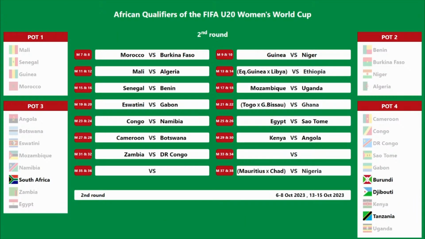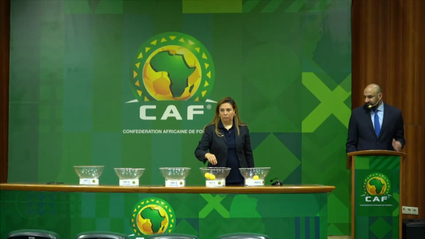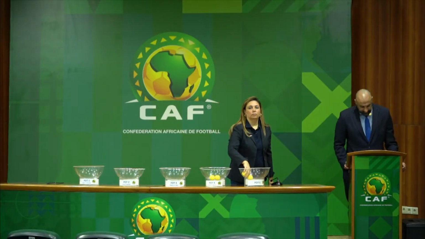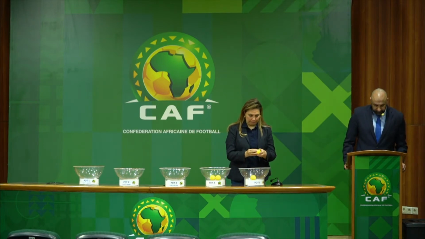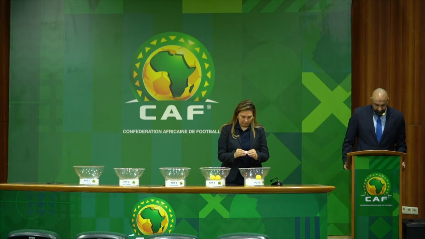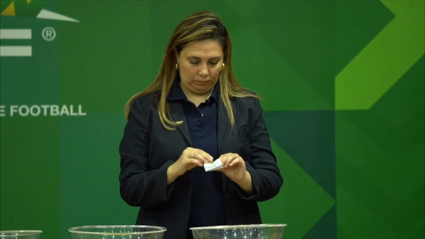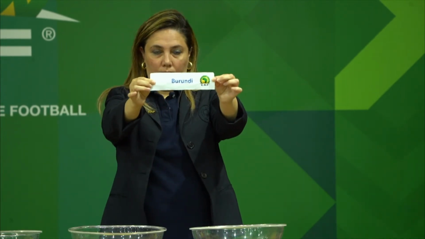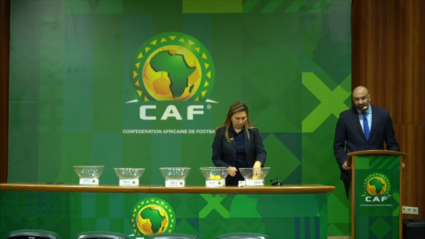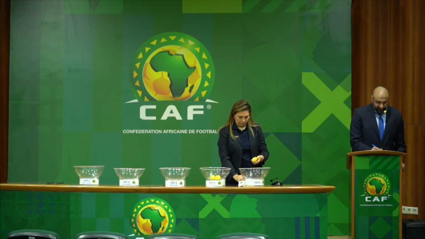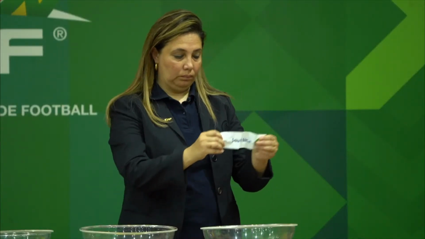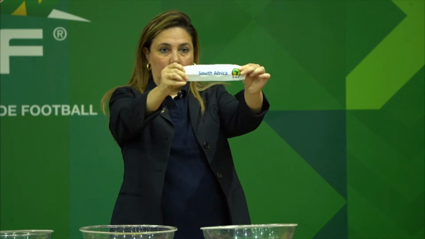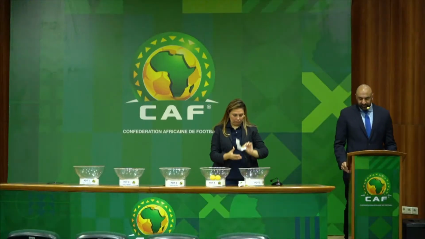Last ball from pot 3. Burundi was eliminated from the third round of the last qualifiers, and they are playing against South Africa, who was also eliminated from the third round in the previous qualifiers.